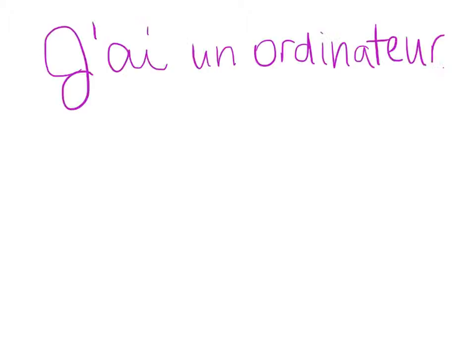Okay, so now that we've seen the conjugation and you've written that out in your notes, let's take a look at some examples. We can use this verb, have, to put it into sentences with a subject and a verb and saying what you have. So, for example, j'ai un ordinateur.